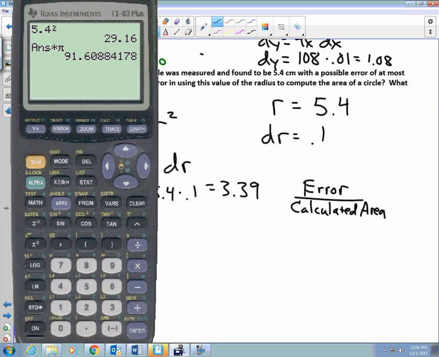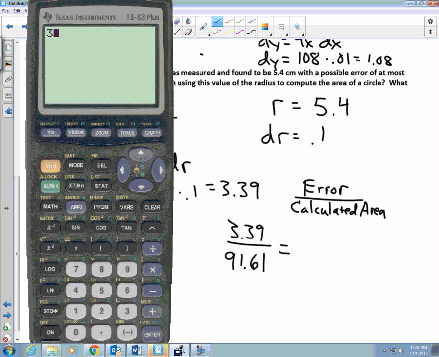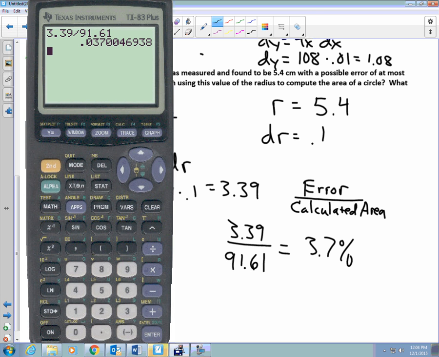I get 91.61. So 3.39 divided by 91.61 is going to give me my relative error. Relative means 3.39 is not that much if we're talking about an area of 1,000. But if we're talking about an area of 6, then 3.39 is a heck of a lot, isn't it? I plugged 5.4 into my area formula. Let's divide it. 3.39 divided by 91.61, and we get 0.037 or 3.7% is our relative error.